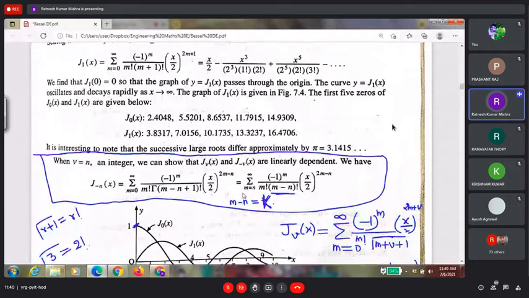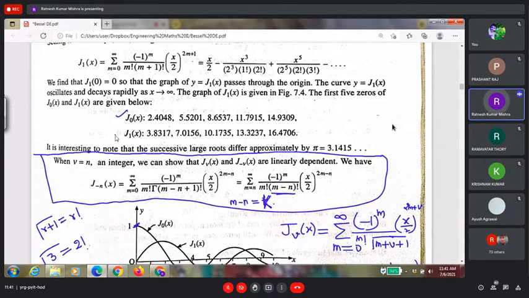Okay, so this is very easy, have a look. See, the main important thing, this is a very interesting thing. If you write J0 and J1, the successive largest roots differ by, if you subtract this one from this one, you can find 3.14. Subtract this one from this one, you can find 3.14. This one from this one you can find 3.14. In this one you can also see this.